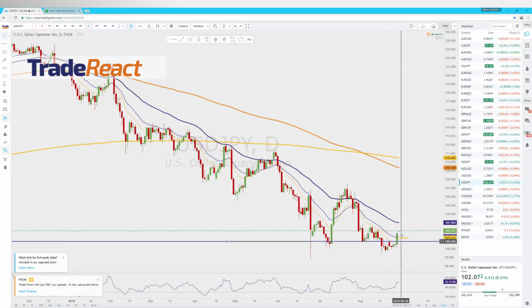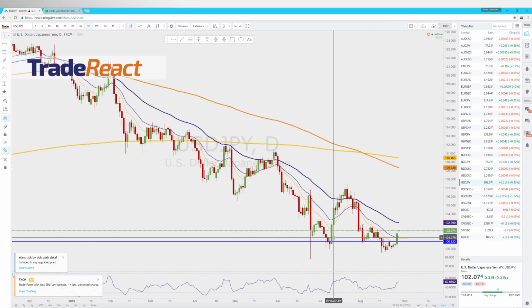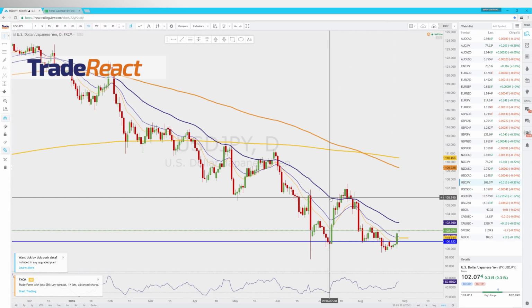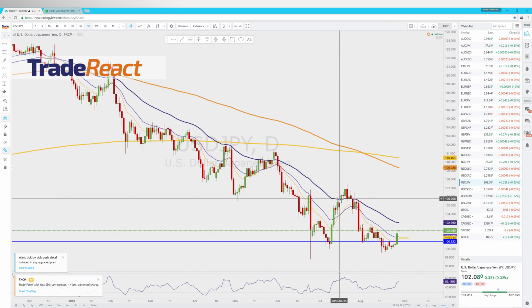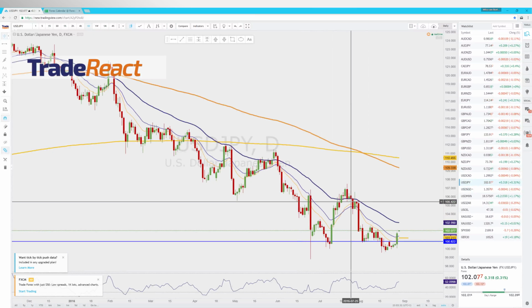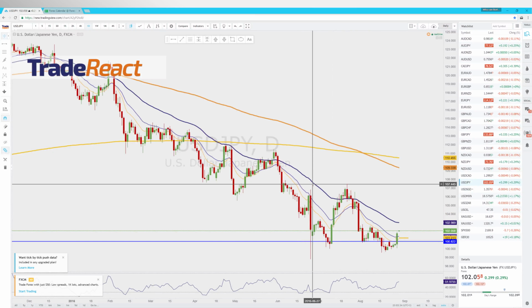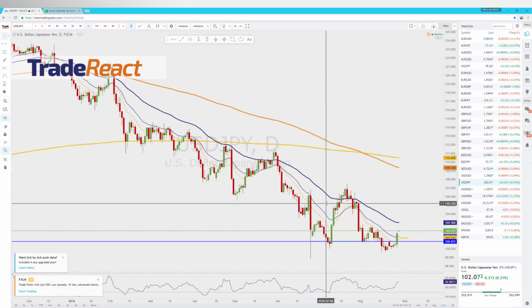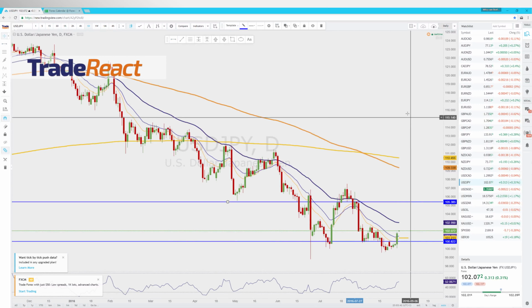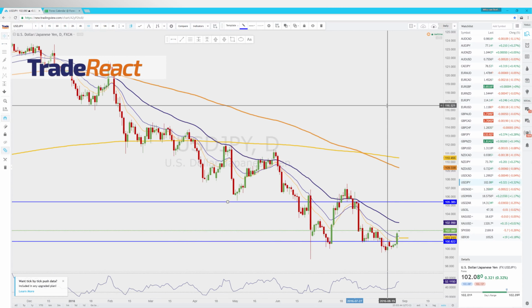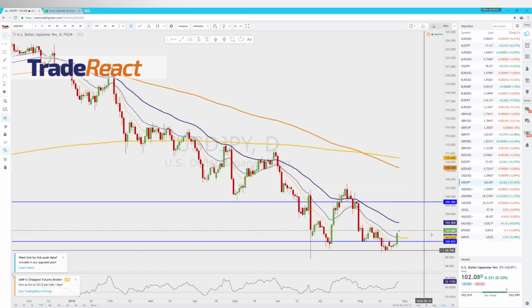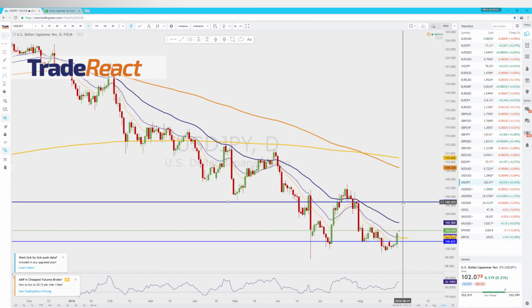So we might see some bullish continuation here, bouncing from that double bottom up again into the 105 level or just above there with that previous price action, and then see where we go from there on the dollar yen. So let me draw that in. 105.30-ish. Keep an eye on that price range, dollar yen, possible retracement higher.